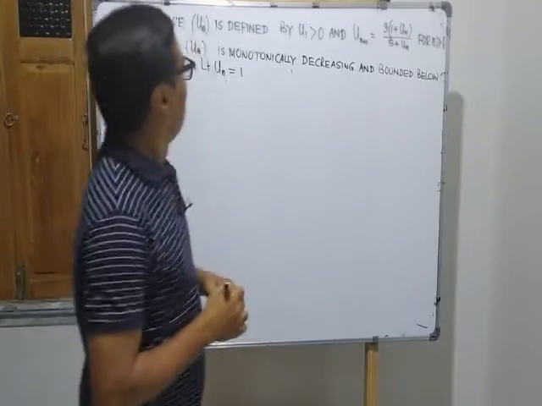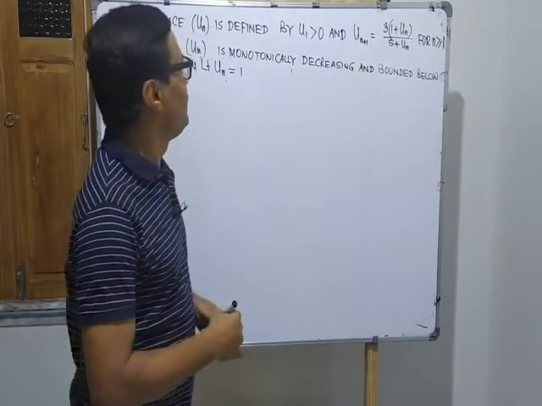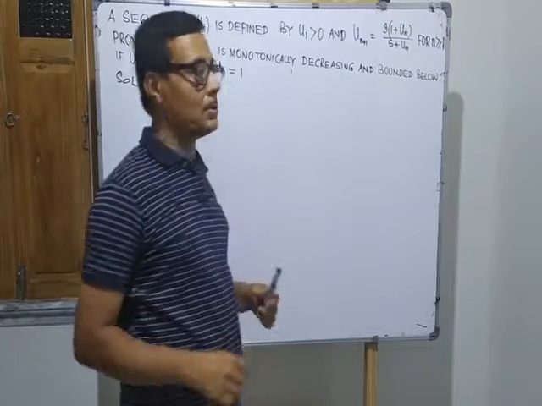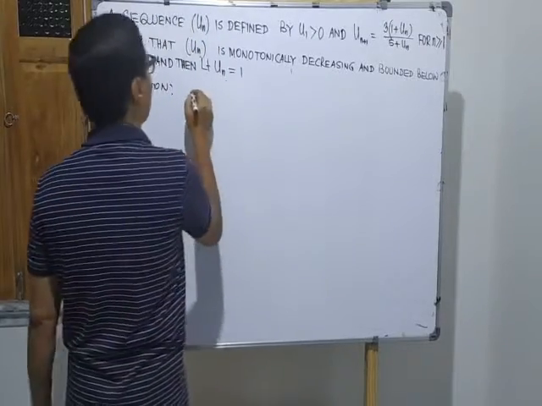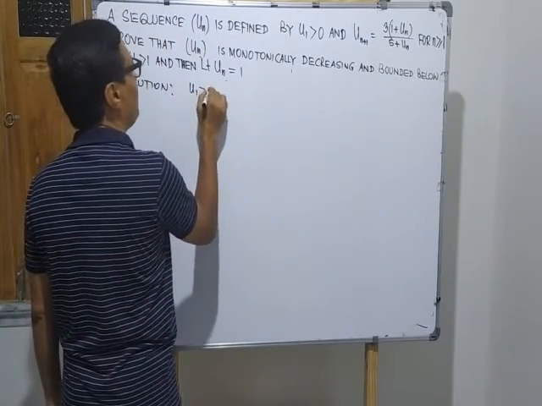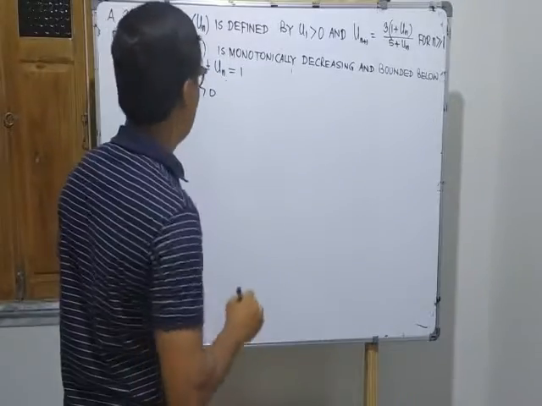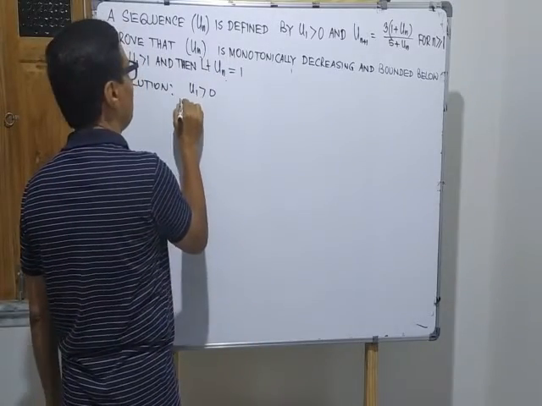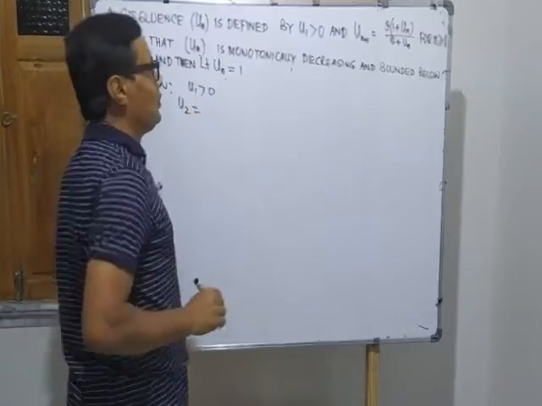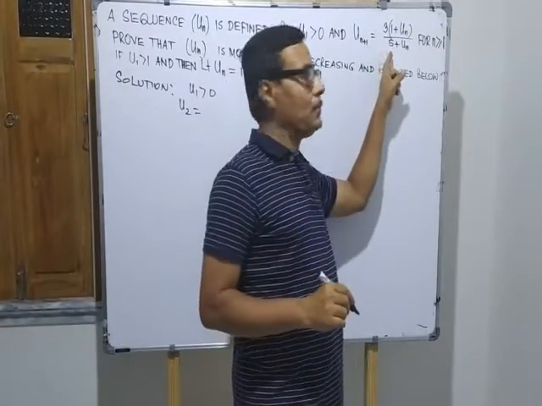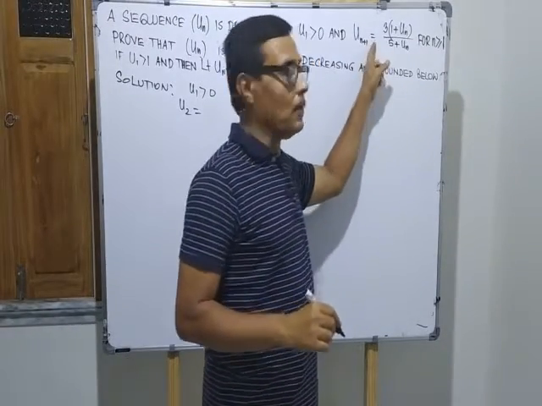Here the sequence is defined by u1 greater than 0. Then u2 we can get from this relation by putting n equal to 1 on both sides.